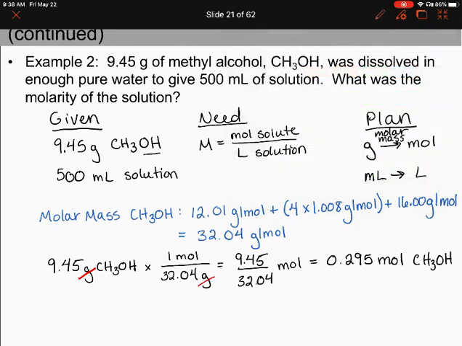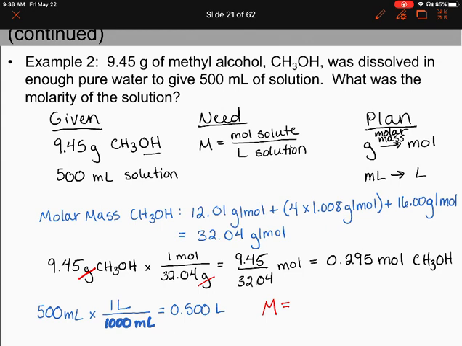Okay, so now the next step is to convert 500 milliliters of solution to liters. So last time we saw that there were 1,000 milliliters for every liter. So if we divide 500 by 1,000, we'll end up with 0.5 liters. Now let's do our final calculation, molarity.